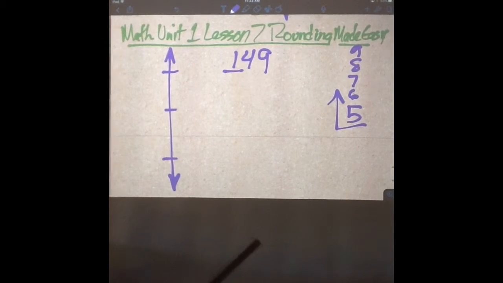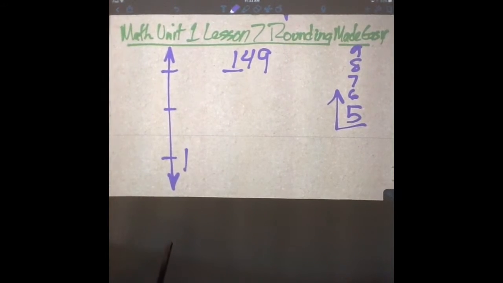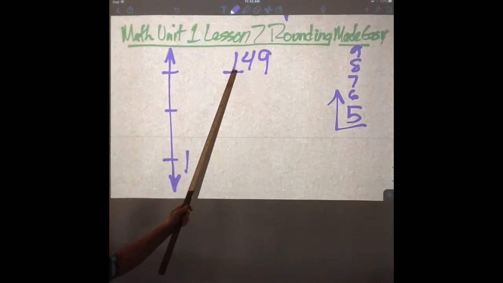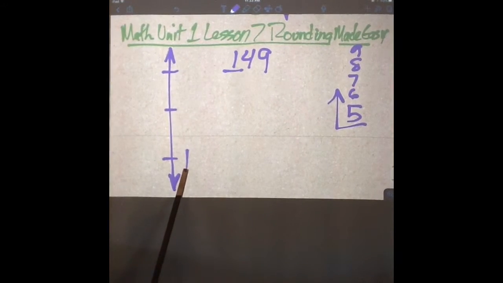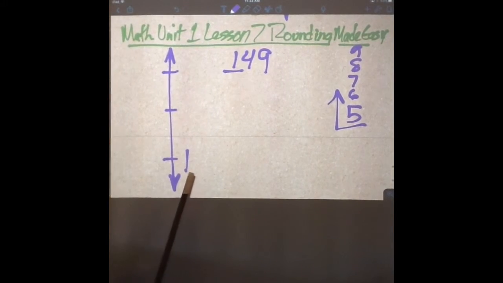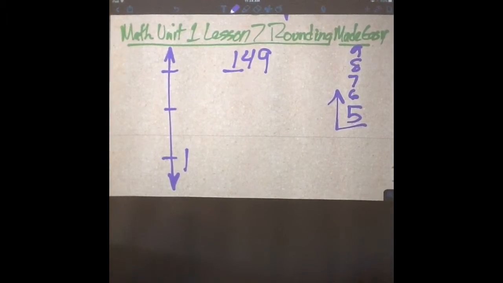Now what are we going to do? We're going to take this 1 and we're going to put it down to our bottom. Now, is the 1 the same as this one here? It is so far. We're not done with it, right? What's the next number up from 1? 2. And put the 2 on the top.